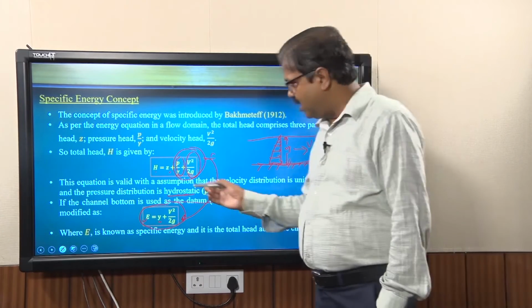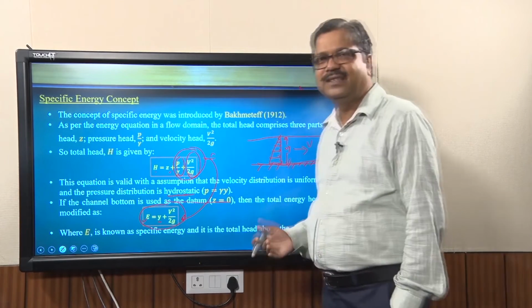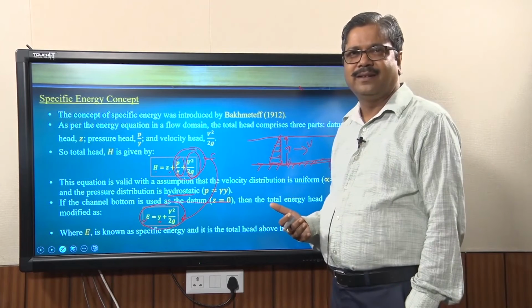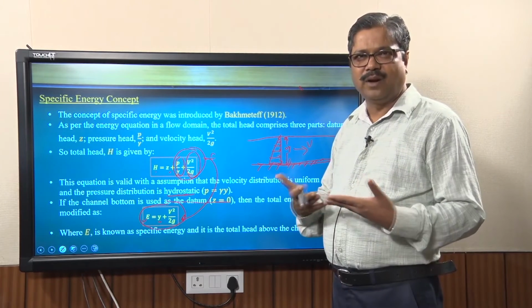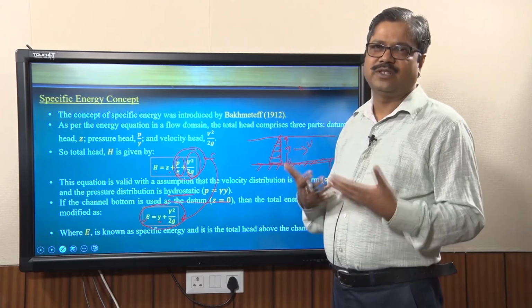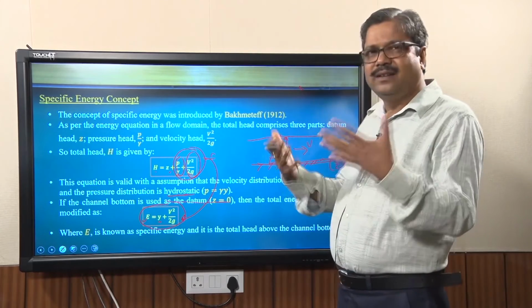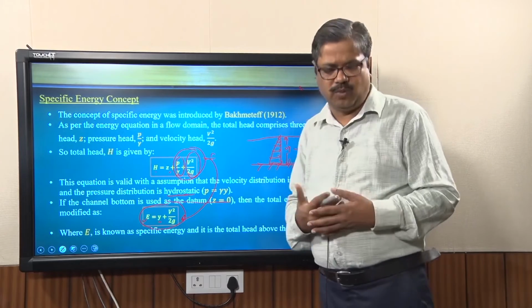So specific energy is the total energy per unit weight where the channel bottom is considered as the datum and the pressure distribution is hydrostatic. That is the total energy in open channel flow, in a river flow.